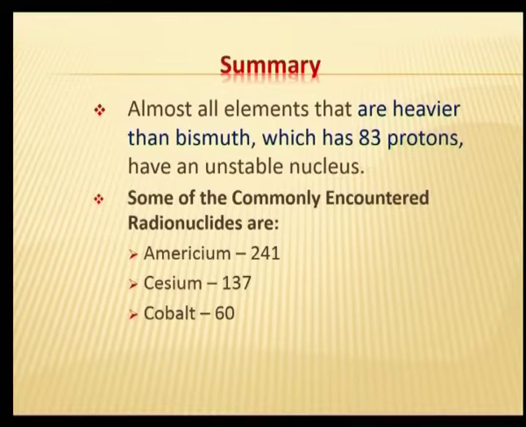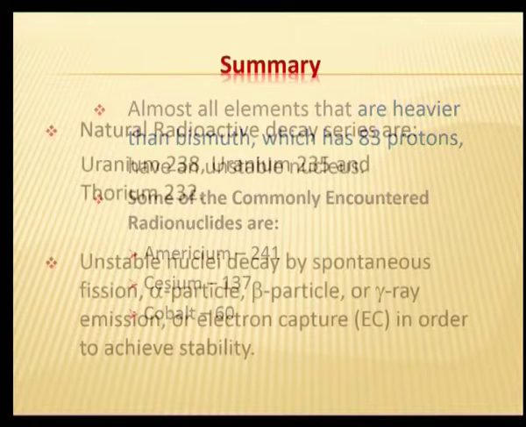Now, let me pass on to the summary of this talk. Almost all elements that are heavier than bismuth, which has 83 protons, have an unstable nucleus. Some of the commonly encountered radionuclides are americium 241, cesium 137 and cobalt 60.